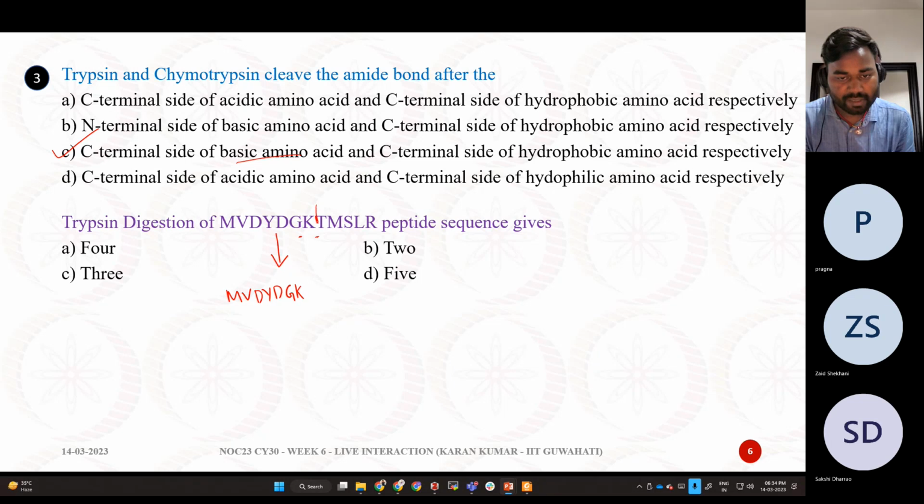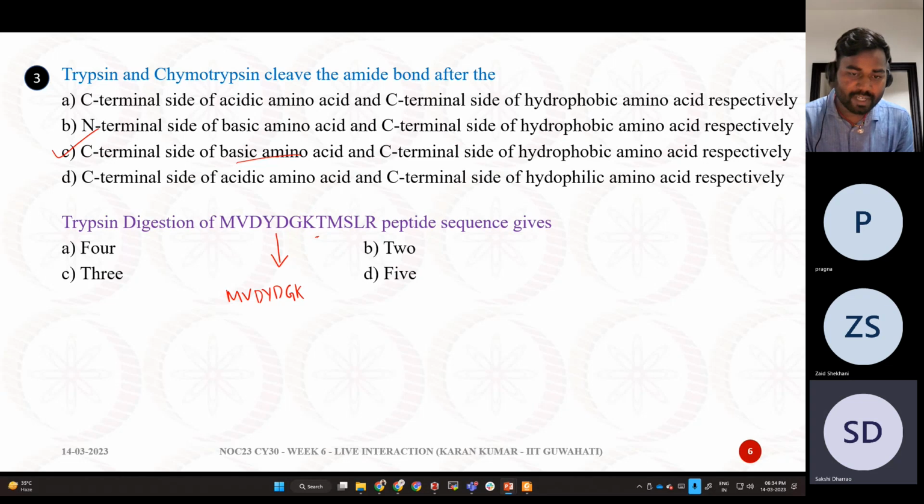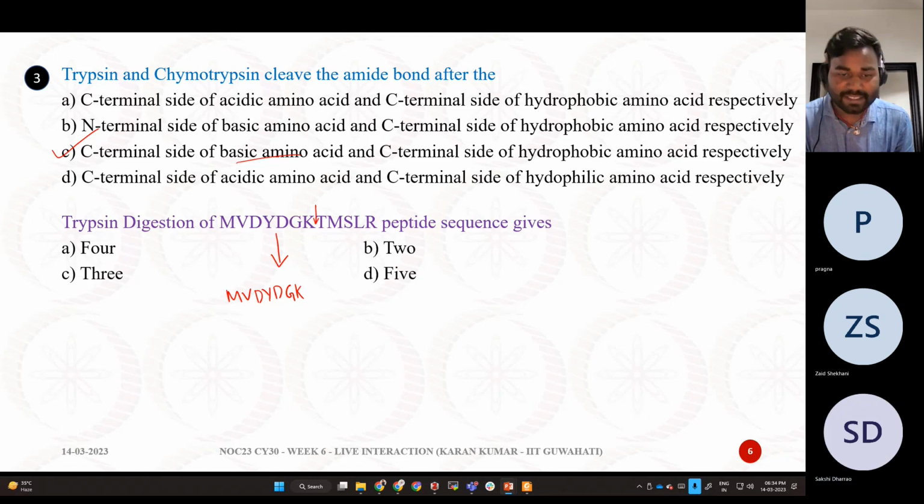Where will it cleave, here or here? After K. Why? Why after K? Trypsin cleaves at the C terminus side, after the basic residue.